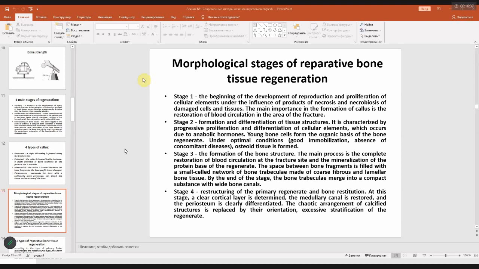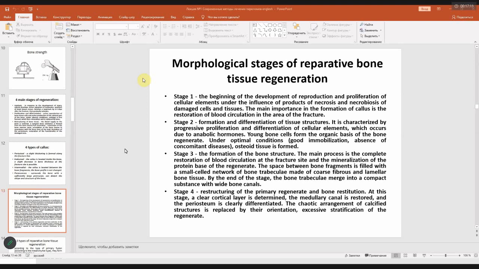The space between bone fragments is filled with a small-celled network of bone trabeculae made of coarse fibrous and lamellar bone tissue. By the end of the stage, the bone trabeculae merge into a compact substance with vascular bone canals.